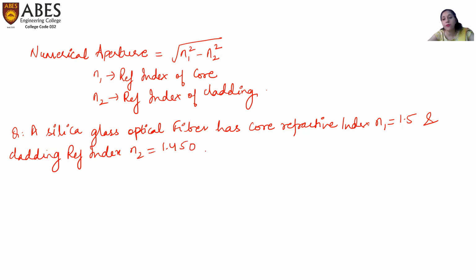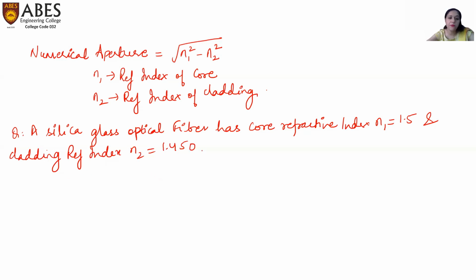Always we have to remember that the refractive index of core is greater than the refractive index of cladding. Maybe in your exam, it's not mentioned what is N1 and what is N2, only refractive indices will be there. So we have to figure out which one will be N1 and which one will be N2.